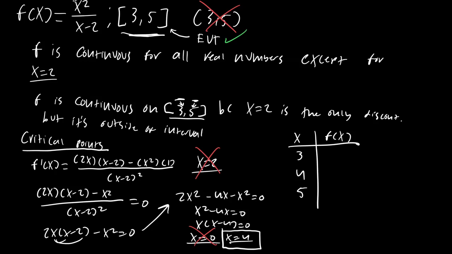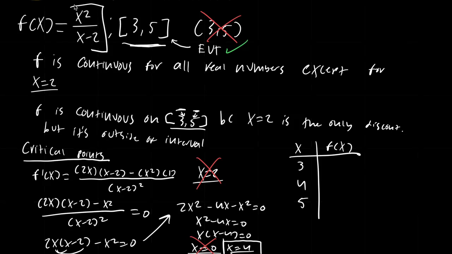Plugging back into our parent function over here, just plug and chug. When we plug in 3, we get 9 over 1, which is just 9.